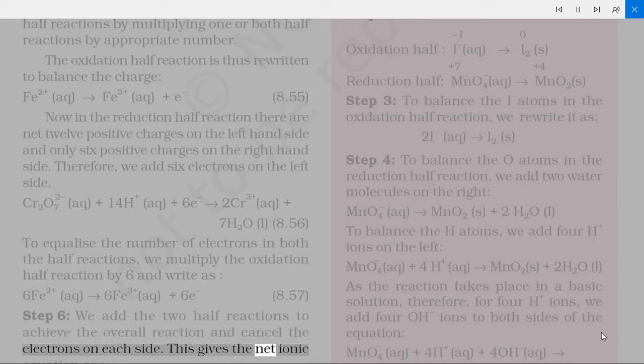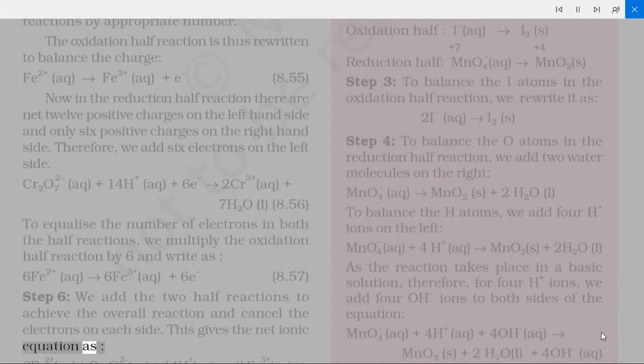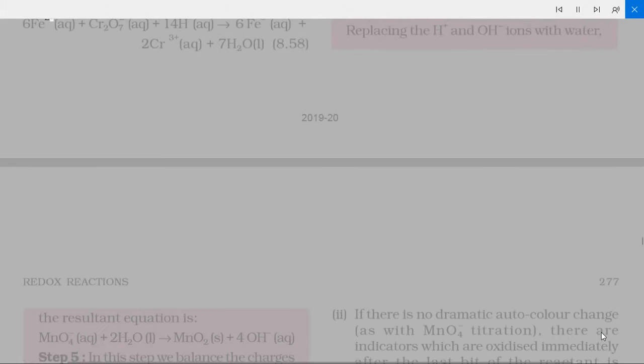This gives the net ionic equation as 6Fe²⁺(aq) + Cr2O7²⁻(aq) + 14H⁺(aq) → 6Fe³⁺(aq) + 2Cr³⁺(aq) + 7H2O(l) (8.58).